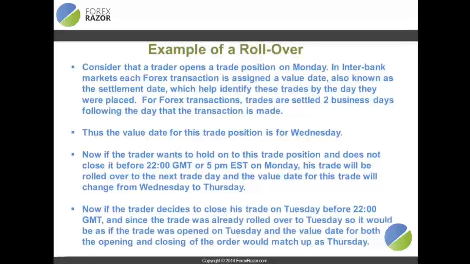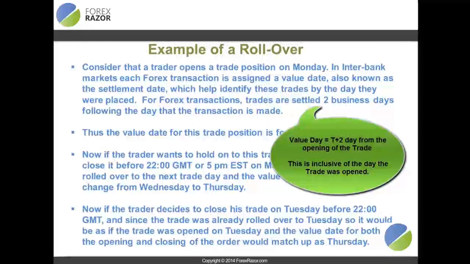Let's consider an example to understand this better. Consider that a trader opens a trade position on Monday. Now, in the interbank markets, as explained, each Forex transaction would have an assigned value date to help identify that trade and the day that it was opened. This value date is also known as the settlement date.